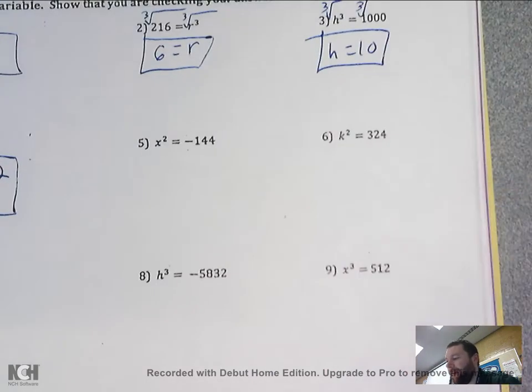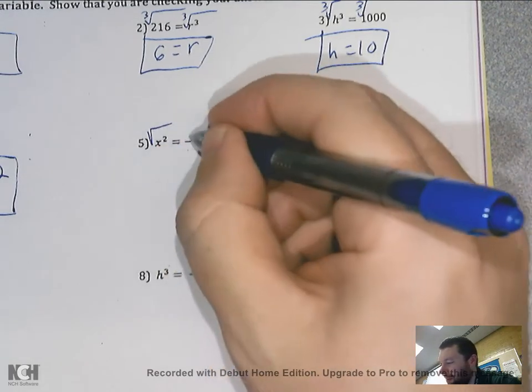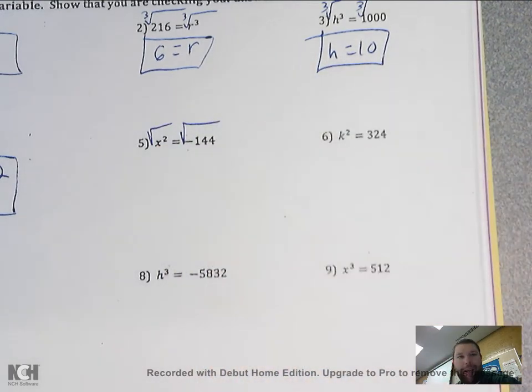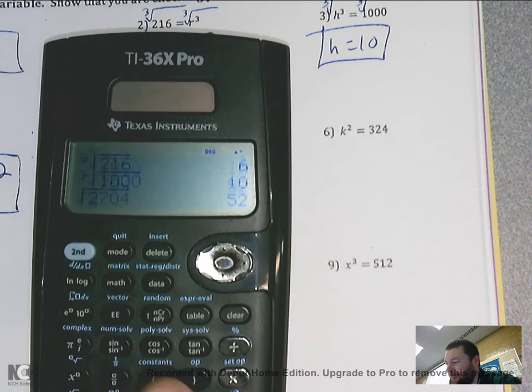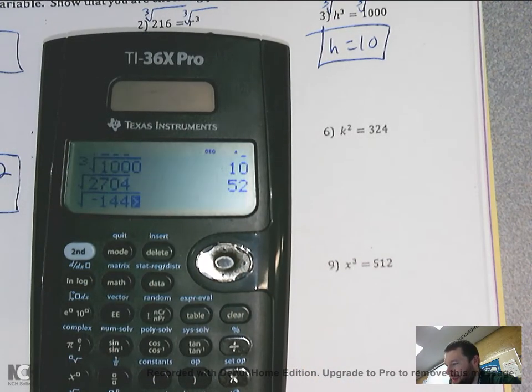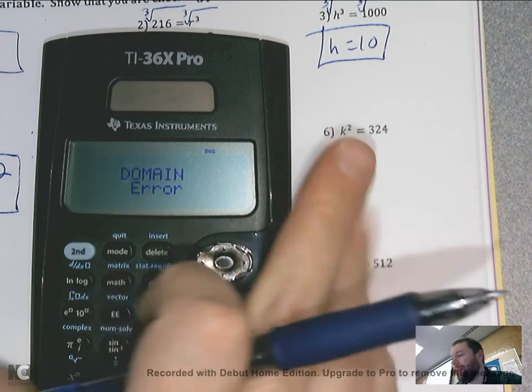Now, number 5, we're going to square root because it's a square, but it's a negative 144. What happens when I square root a negative number? Error. Doesn't work, right? Because if you square a number, it's never going to be negative. So there's no possibility to go back and find a negative root.